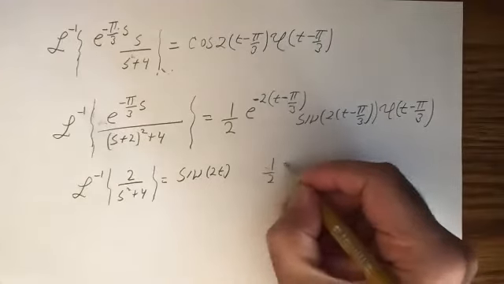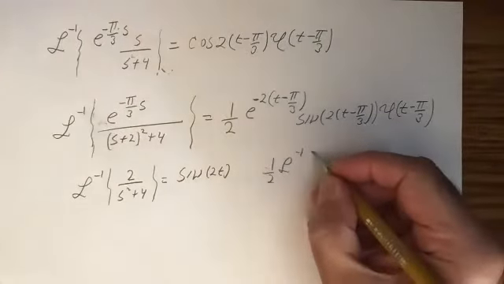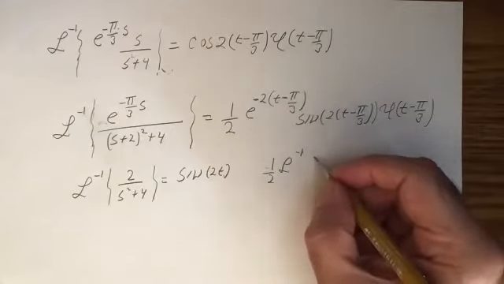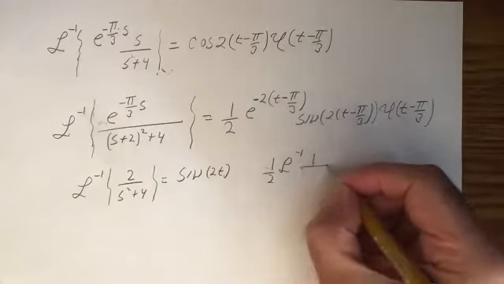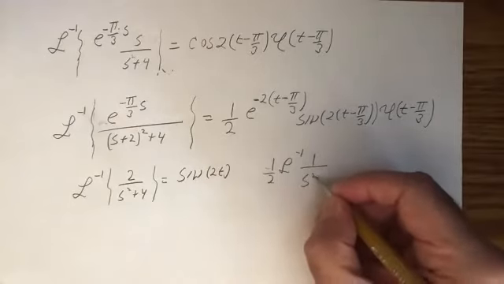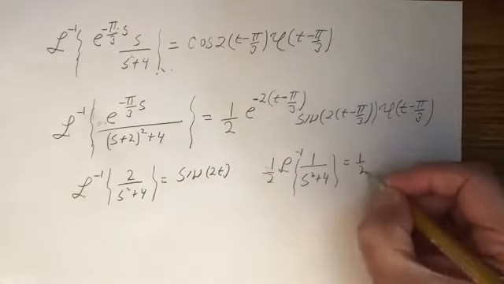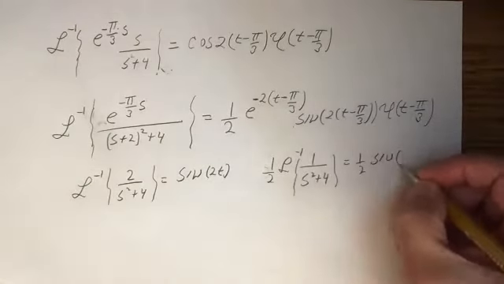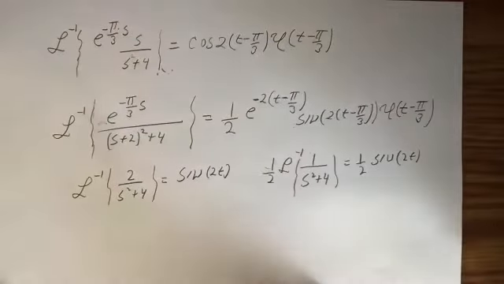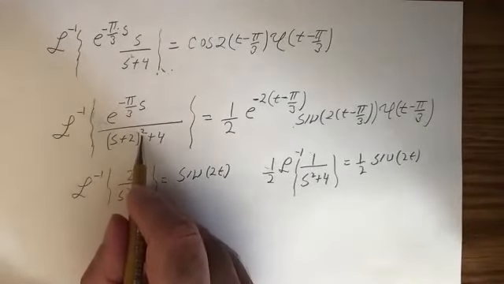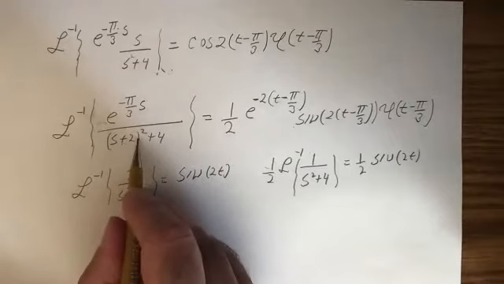I can write 1/2, so this would be 1/2 sine of 2t, right? So you see here, I got this. I have to use the other theorem that we learned about, that I got the shift to 2.